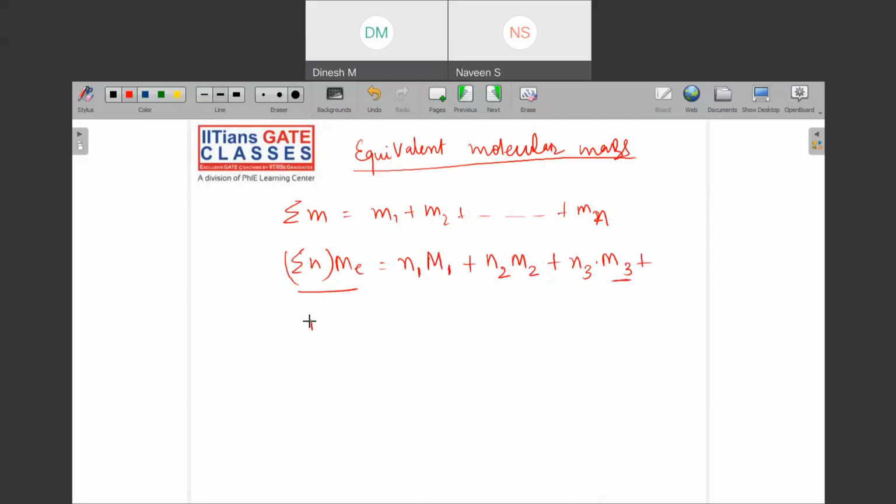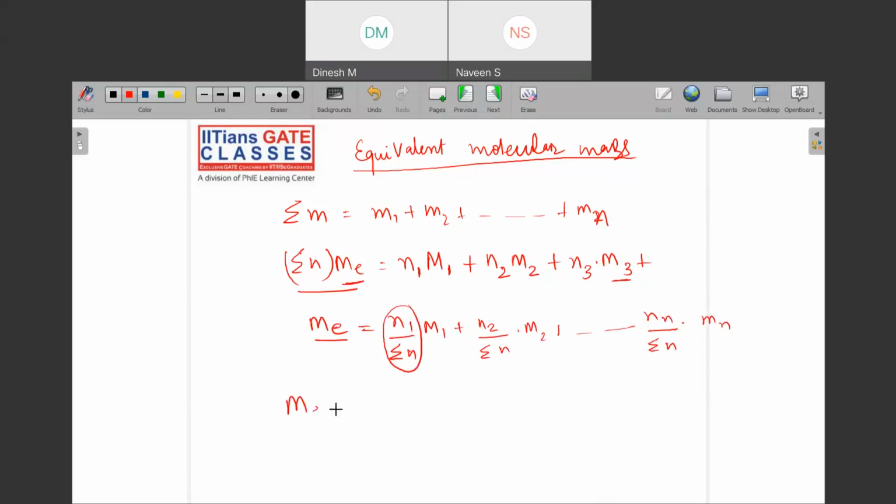So can I say that the equivalent molecular weight is nothing but n1 upon summation of n into m1 plus n2 upon summation of n into m2 till summation of n upon summation of n into mn. Then what you can see is that this is nothing but mole fraction.